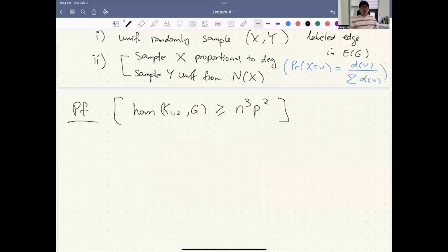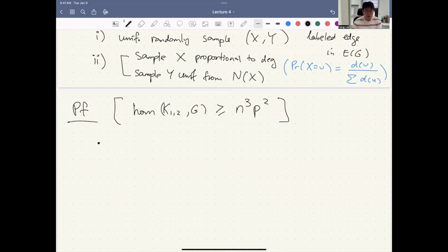As we said, the strategy is to define a random K_{1,2} and prove that this distribution has entropy at least this much. Then using maximality as a last step, we're done.